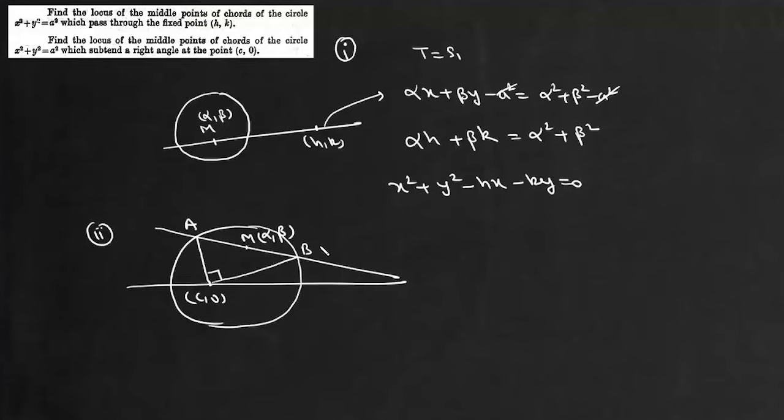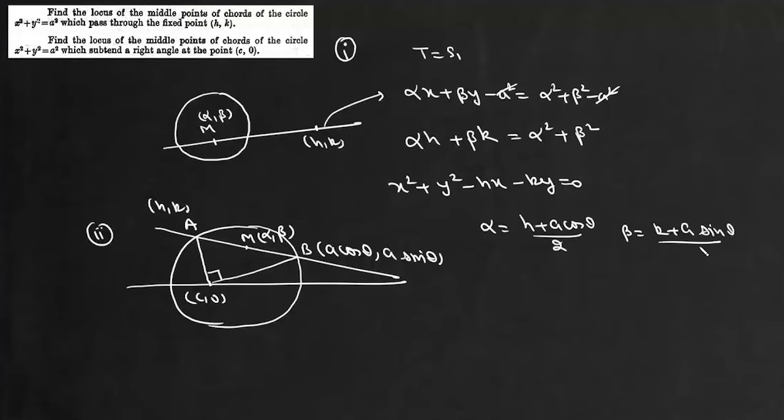Now let us suppose the coordinate of B is a cos theta and a sin theta, and at this point A, B, h comma k. Now since its midpoint is alpha beta, we can write alpha as h plus a cos theta by 2 and beta as k plus a sin theta by 2.